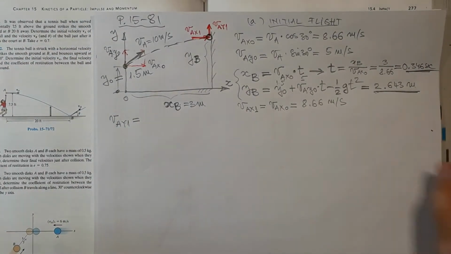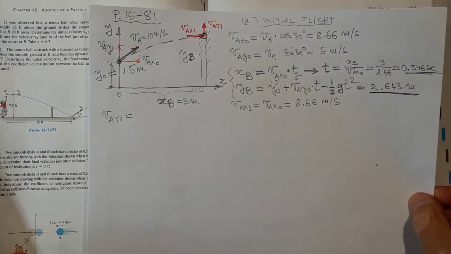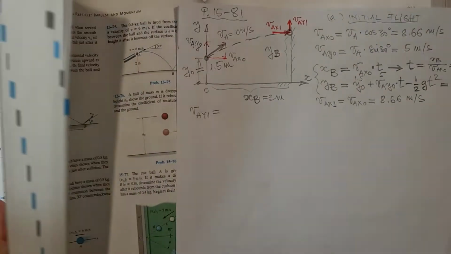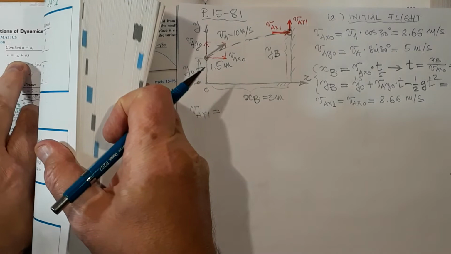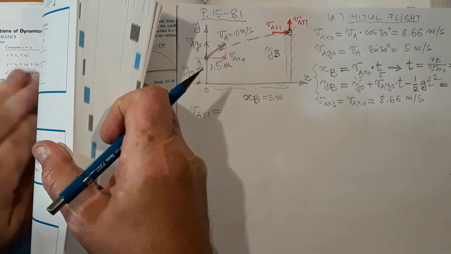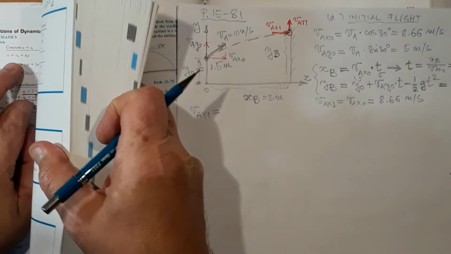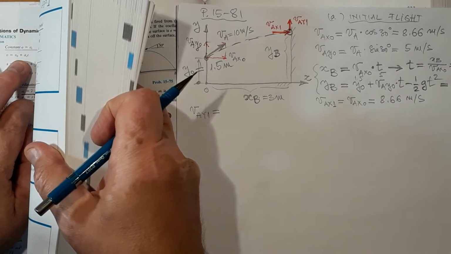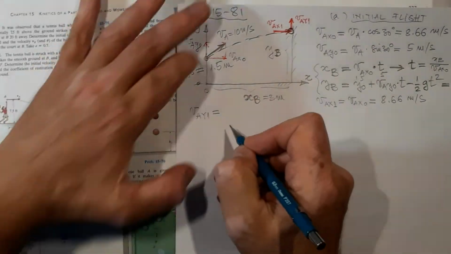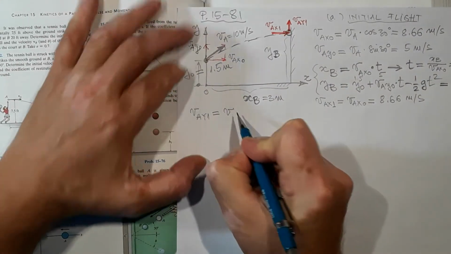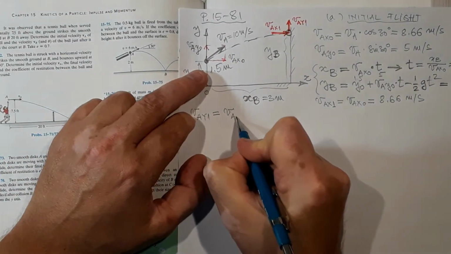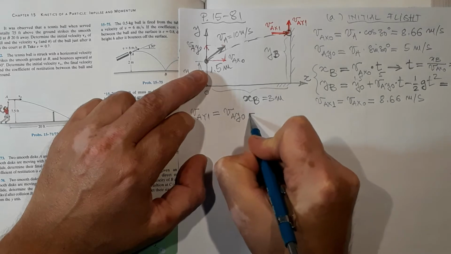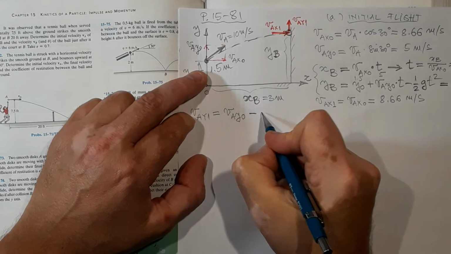Then to get the velocity of A right before impact in the y direction, we need to state the velocity with constant acceleration. It's the equation v equals v0 plus a constant formula on the back cover. So v is v0 plus a constant times t. It's going to be velocity of A in the y direction, 0, minus gt.